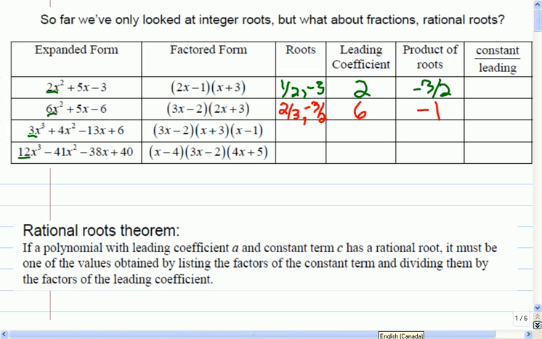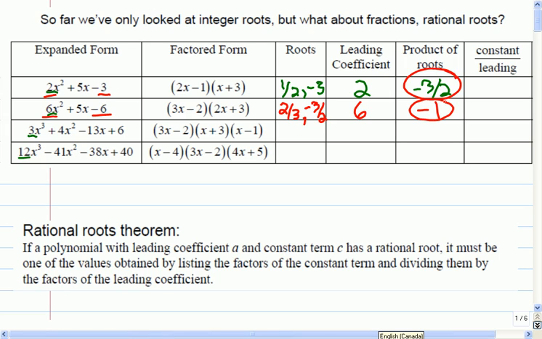Do you see a pattern there? Sure. Take the first number divided by the coefficient, and you get the product of the roots. Yeah, you might not see that, but for example, -3 divided by 2 gives us -3/2. And -6 divided by 6 gave us the -1.